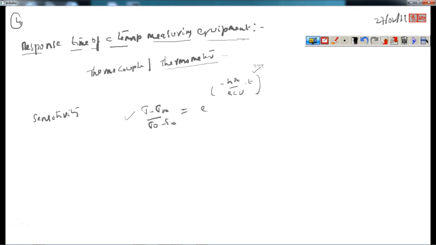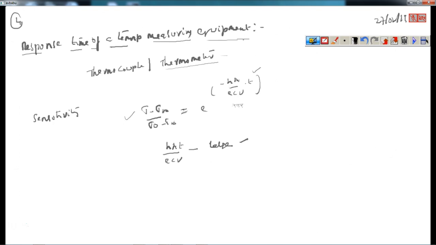In the lumped heat capacity analysis, if you want the response time to be as quick as possible, this hA by rho CV has to be large, so that the exponential reaches a zero value.